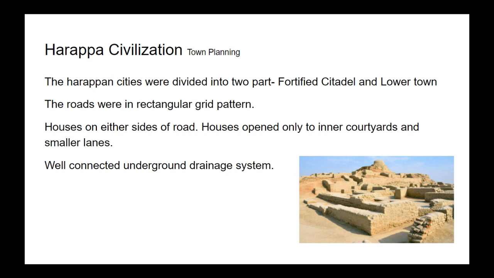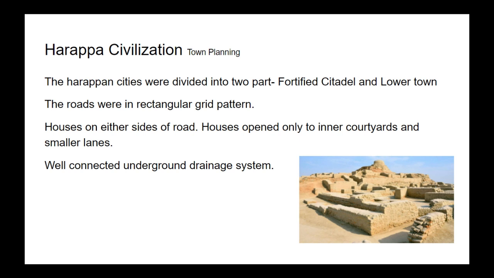Houses are on either side of the road, and no house door opens onto the main road or main street. Houses opened only to inner courtyards or smaller lanes, not on the main street. And we found a well-connected underground drainage system.